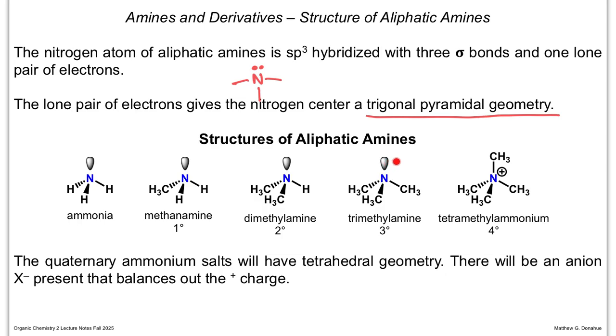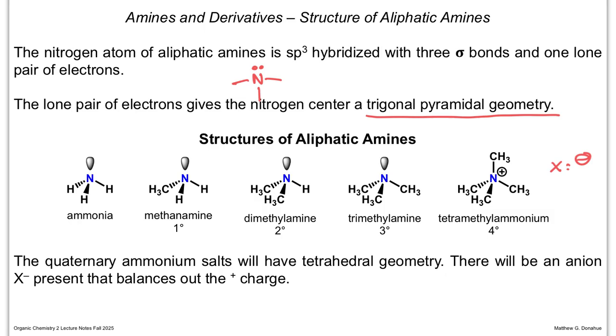Since that lone pair is available for bonding, it can form a 4th bond. Because the nitrogen no longer is neutral, it has 1, 2, 3, 4 sigma bonds. It ends up with a positive formal charge. And that would be balanced off by some anion X minus.